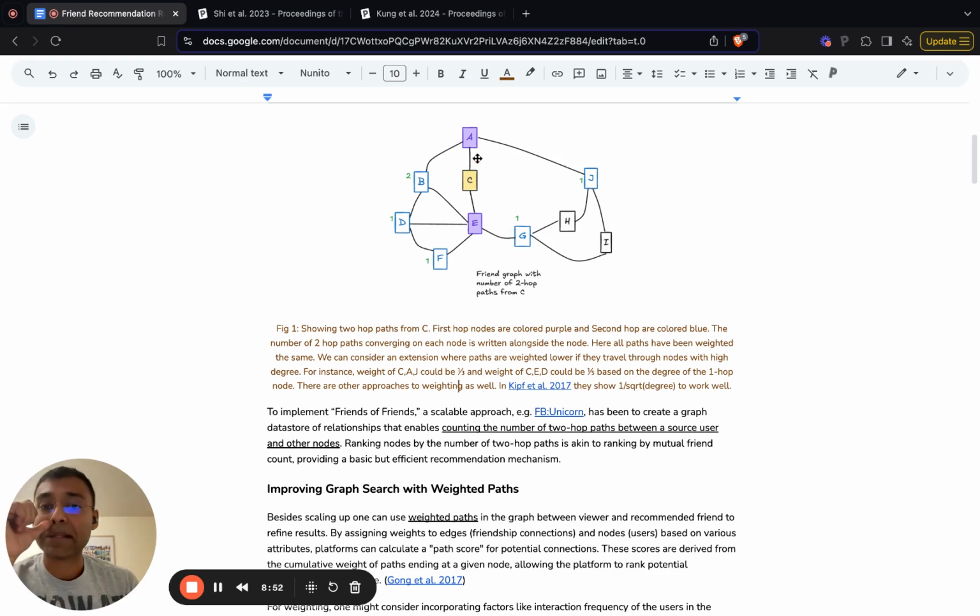You can say that the weight of the path CAB is higher than the weight of the path CEB because E has more edges coming out of it.